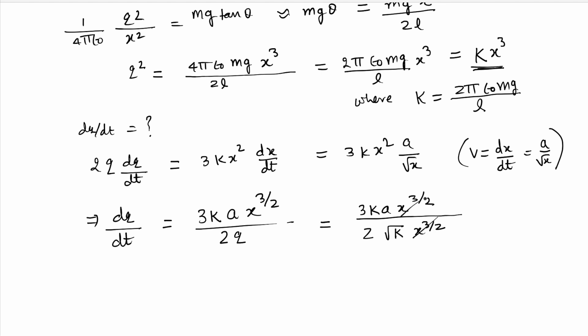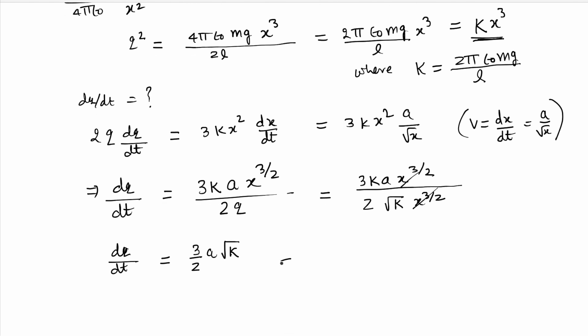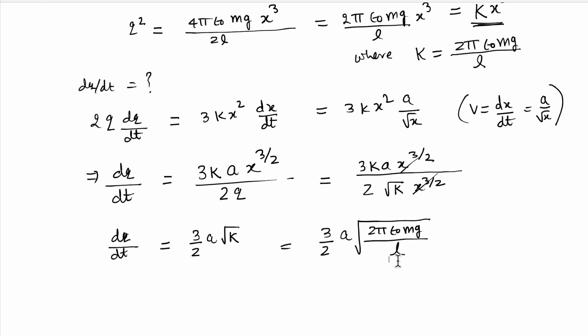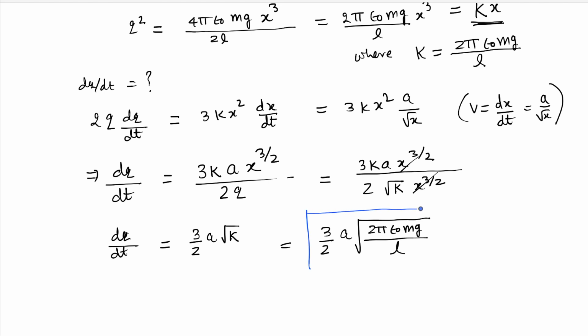Therefore, this cancels out, and dq by dt is simply 3 by 2 a root k, which is 3 by 2 a times root of 2 pi epsilon naught mg by L. So this is the expression for dq by dt.